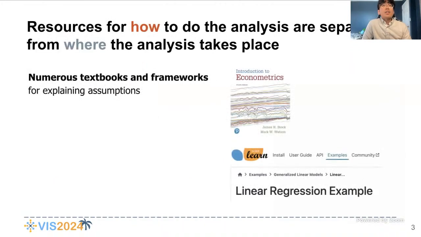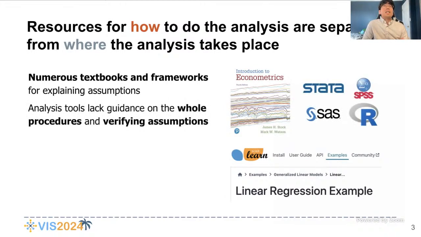There are numerous textbooks and frameworks to explain assumptions. However, they are rarely integrated into the tools analysts usually use. Analysts usually use Stata, SPSS, and R, for example, because they provide really powerful analysis functions. However, they do not help with the whole procedure, and they do not help us verify assumptions.